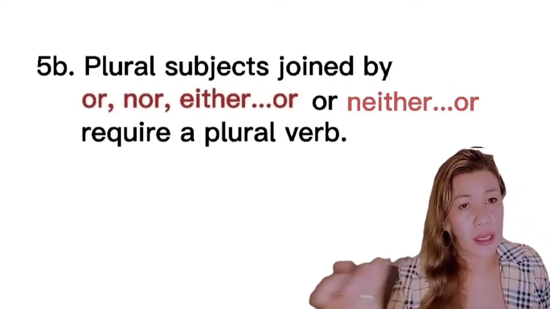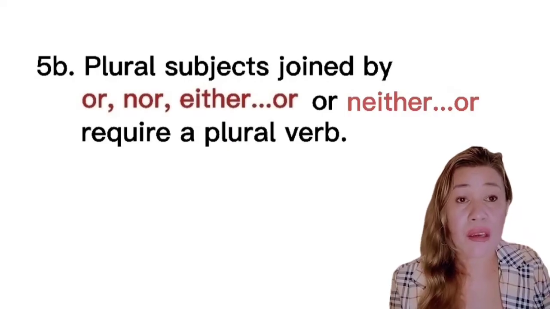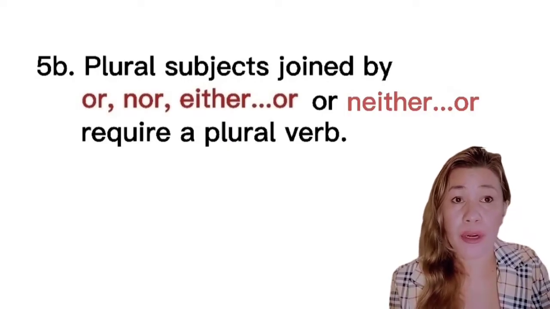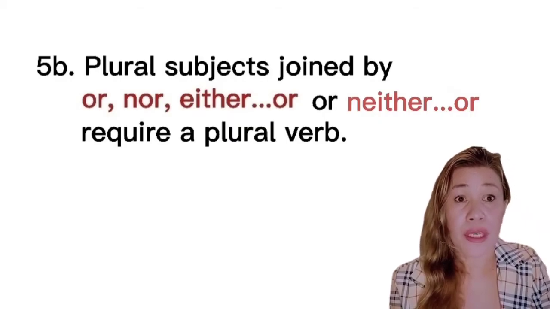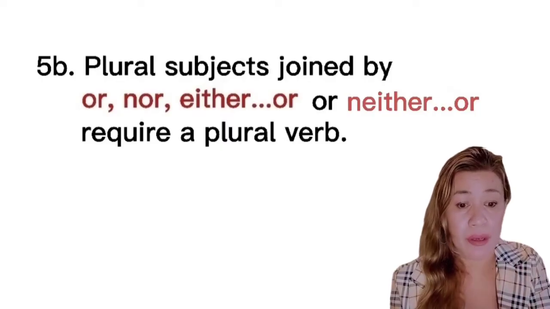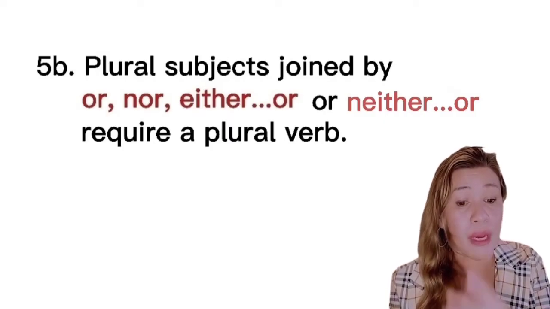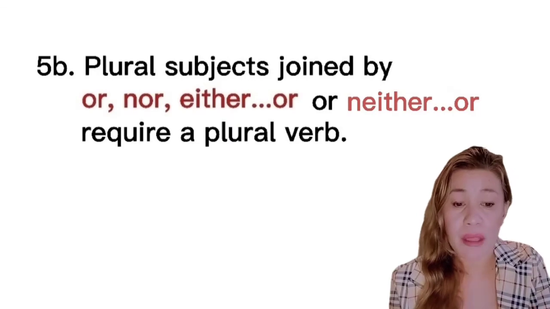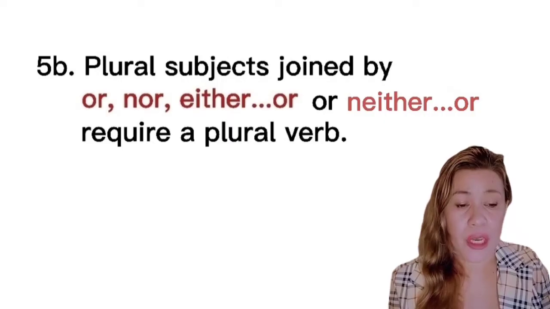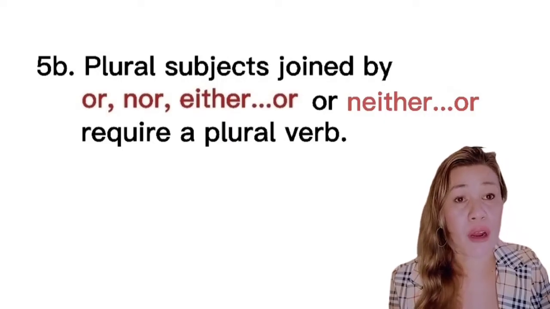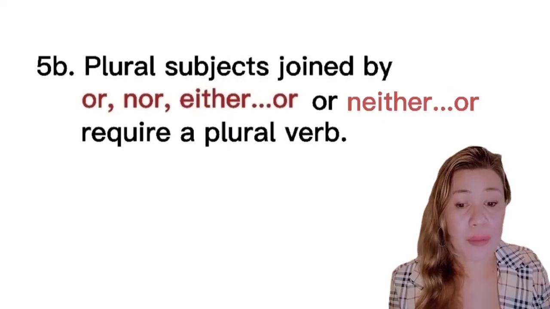So, in the earlier rule, if you have two singular subjects joined by or, nor, either or, and neither nor, you will need a singular verb for it because you have singular subjects joined by any of those connectors. But here, you have plural subjects joined by those four connectors. So since you are joining plural subjects, you will be needing plural verbs also.